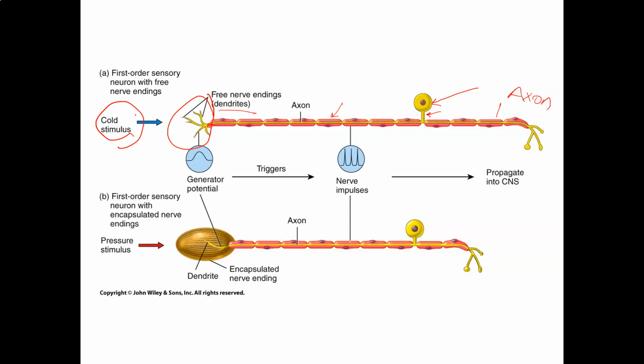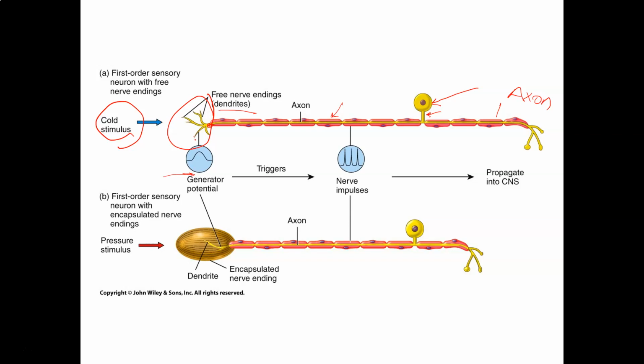Okay, and the stimulus is going to cause graded or generator potentials by opening ion gates. And depending on whether those ion gates produce depolarizing waves of positive charge that travel to the beginning of the axon and may, if strong enough, trigger action potentials, or whether they cause hyperpolarization, a more negative charge traveling to that same region where action potentials will be inhibited, it's all going to depend on what kind of ion gates that particular sensory receptor has.